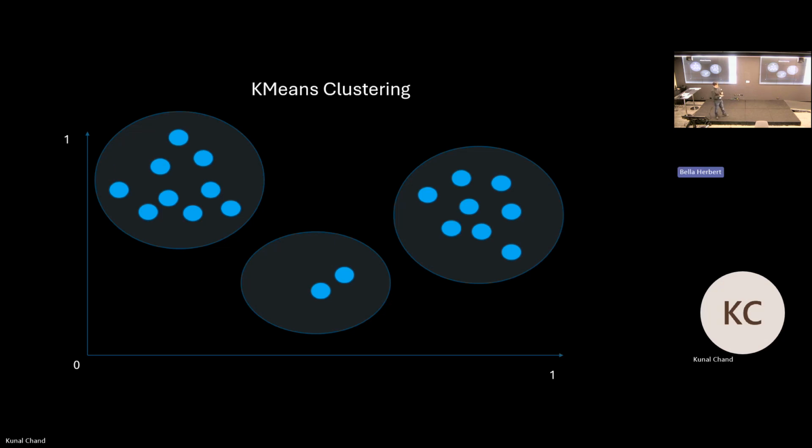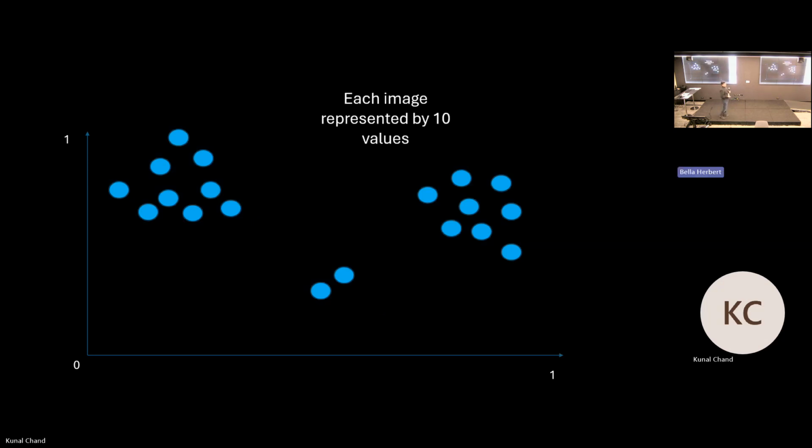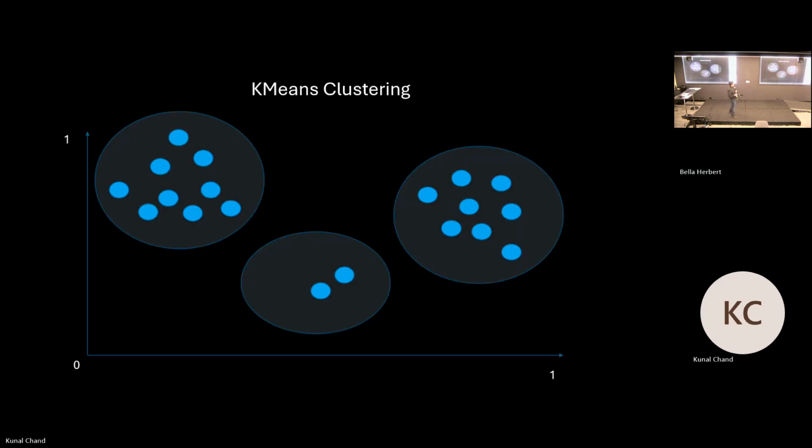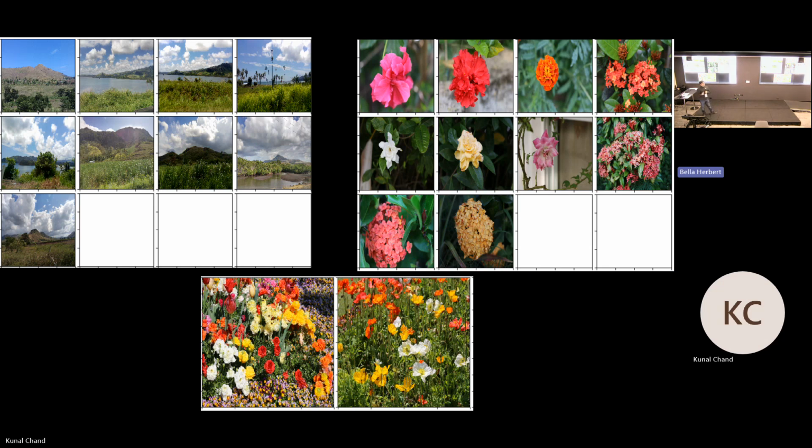In this case, if I go back one, there are pretty distinct groups, 3 easy groups to form. We recognize they are separate groups, and we call them clusters. Now, when I apply them back to the images, I get those clusters, visual clusters.